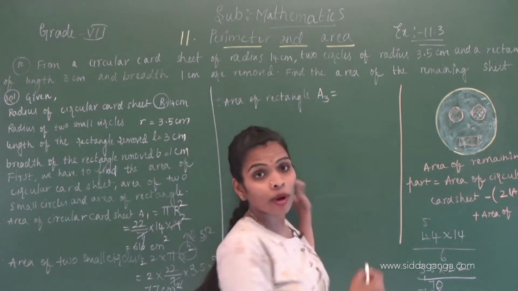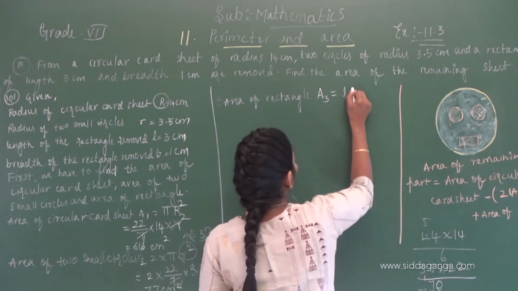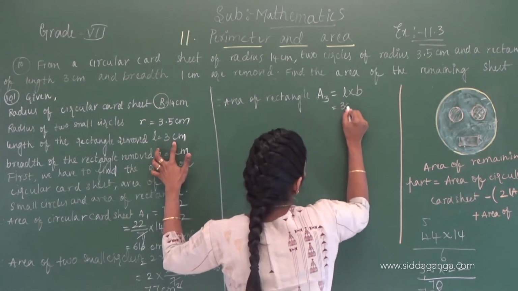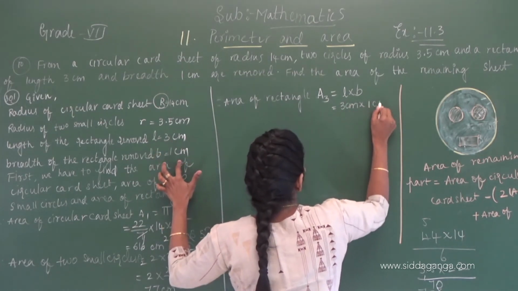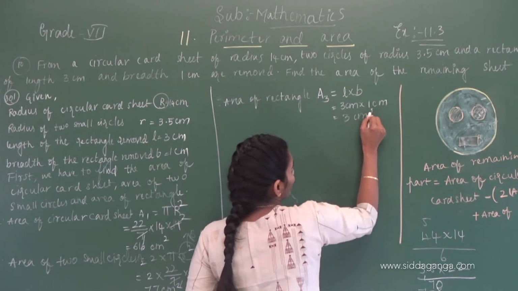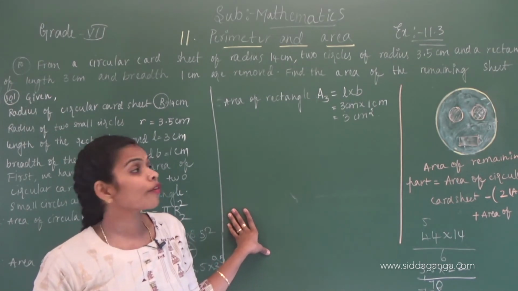What is the formula to find the area? L into B. What is L? 3 centimeters into 1 centimeter. 3 ones are 3 centimeter square. Okay, what we have to do now?